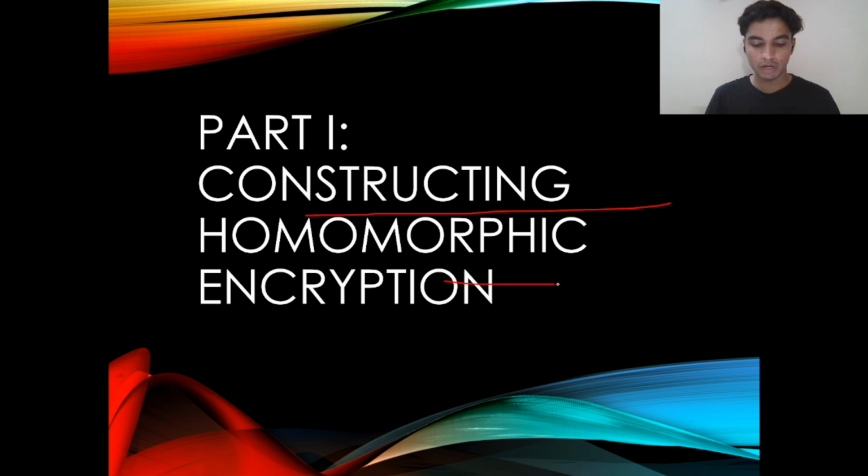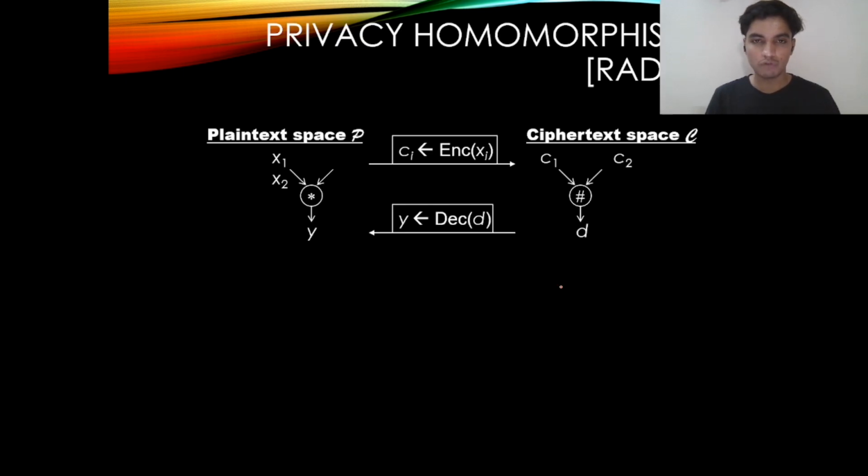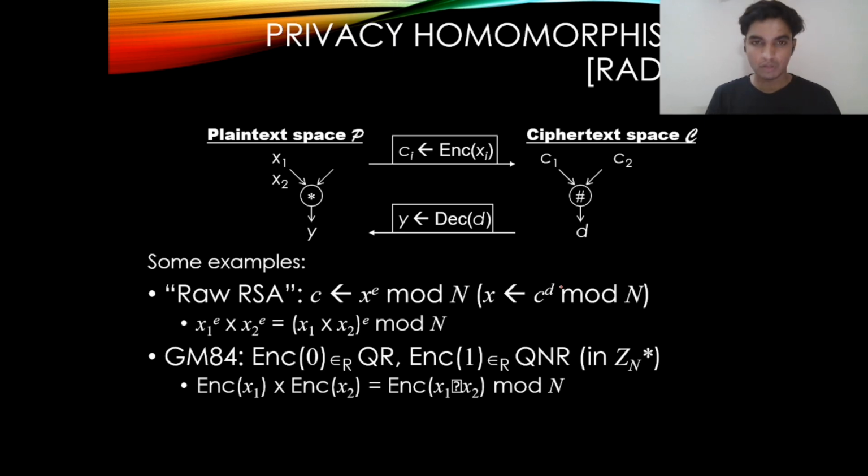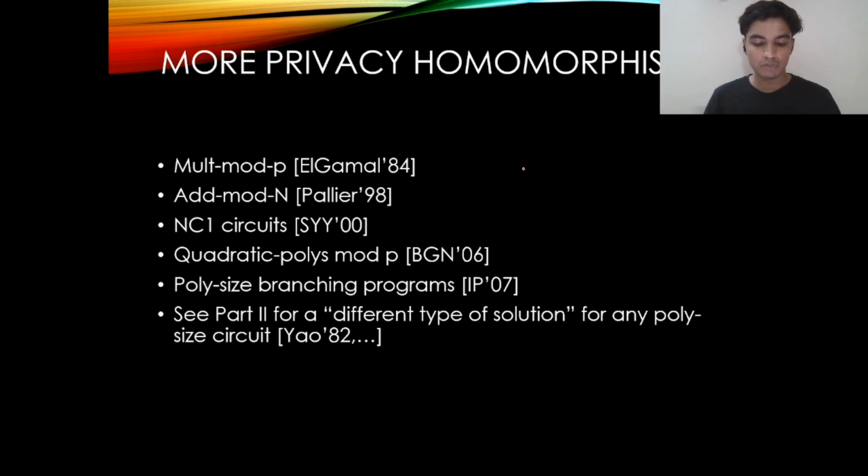Constructing homomorphic encryption. We now enter the constructive part of the presentation. The goal is to build homomorphic schemes that support arbitrary computation on encrypted data. Privacy homomorphisms are encryption schemes that preserve certain operations.